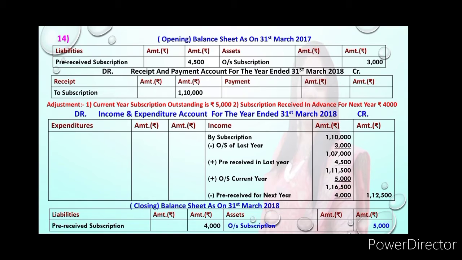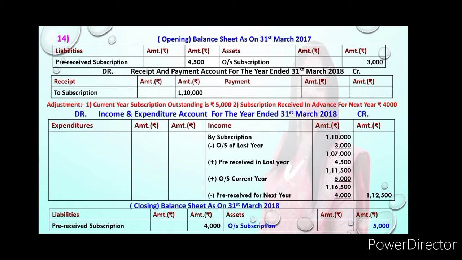Outstanding of last year, our sign is minus. Therefore, in income from subscription we have to deduct and we will record outstanding of last year 3,000. So from 1,10,000 you have to deduct 3,000. Amount will be 1,07,000.